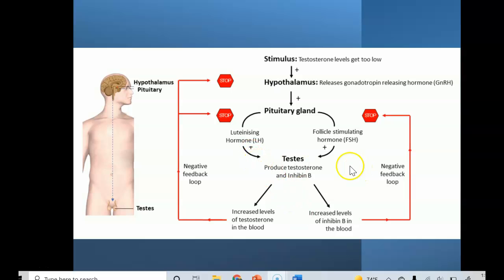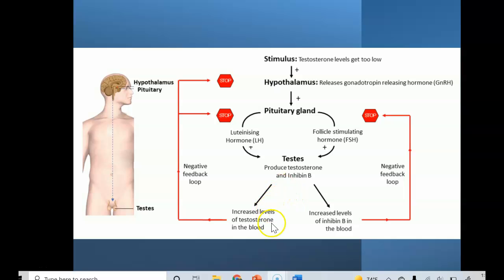So the LH and the FSH are basically going to stimulate those Leydig cells to start producing testosterone. Also, a chemical called inhibin B.